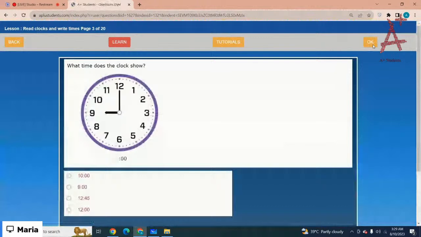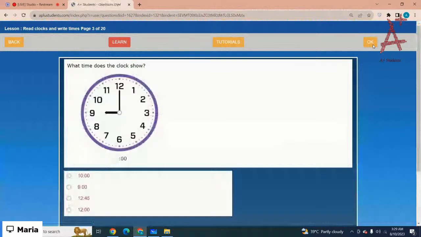Which is the correct option? Yes, it is 9.